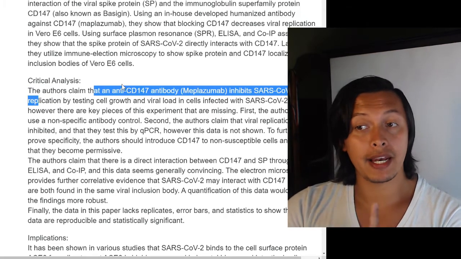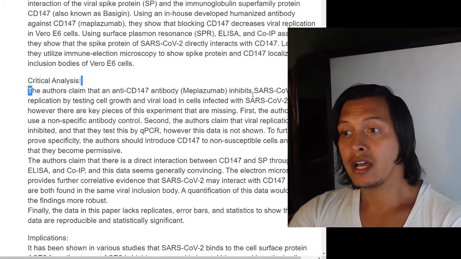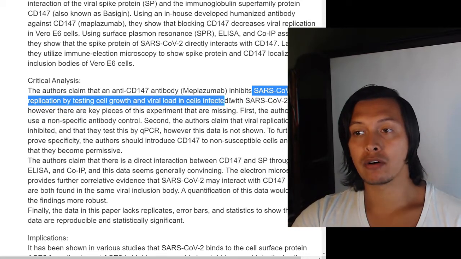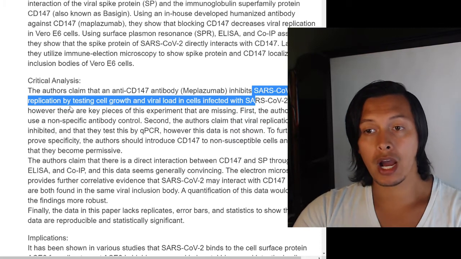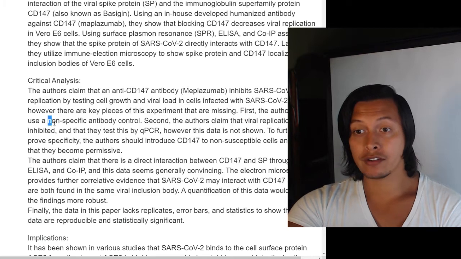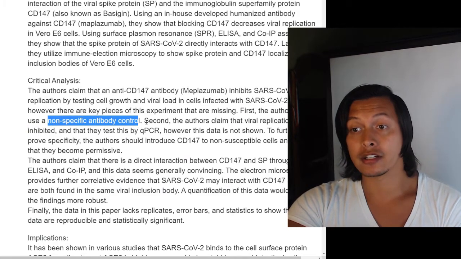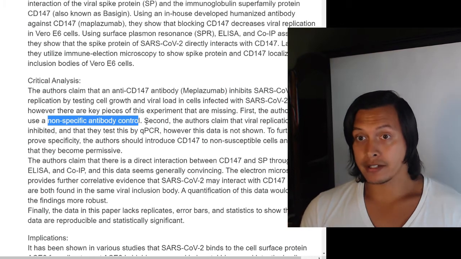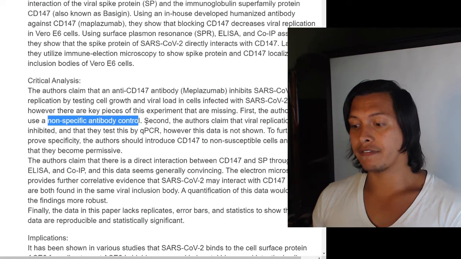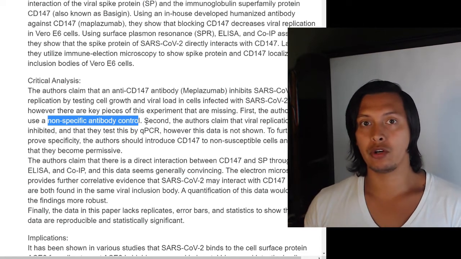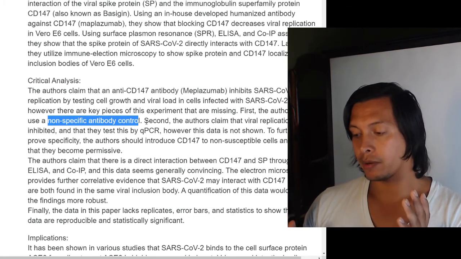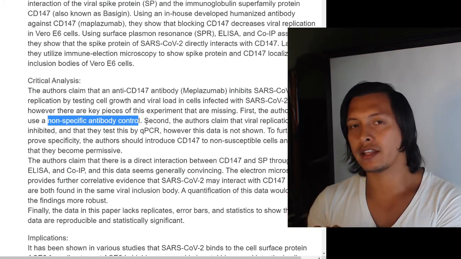The authors claim that anti-CD147 antibodies inhibit SARS-CoV-2 replication by testing cell growth and viral load in cells infected with SARS-CoV-2. However, there are key pieces of this experiment which are missing. First, the authors failed to use a non-specific antibody control. Antibodies might have an effect on everything around them, even if that effect is not directly related to the thing that they want to stick to.